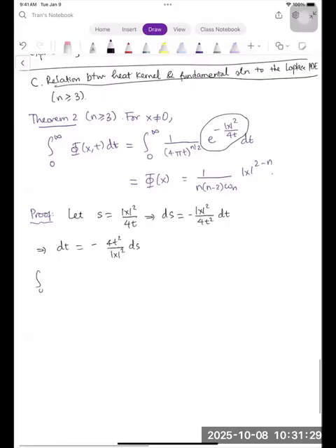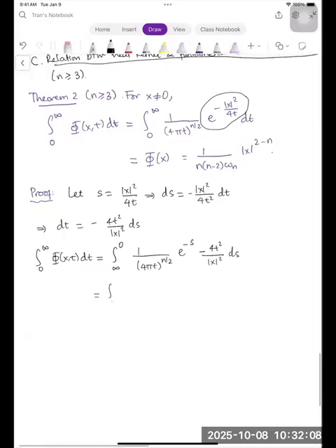I would have the integral from 0 to infinity of p of x,t dt equals, when t is 0, then s is infinity, and when t is infinity, then s is 0. So infinity to 0, 1 over (4 pi t) to the power n over 2 e to the minus s times minus 4t squared over x squared ds. Because of the minus signs, I can switch the integral to be from 0 to infinity.